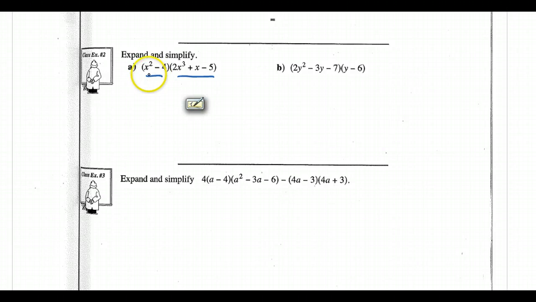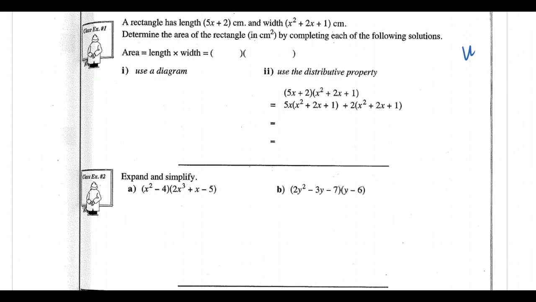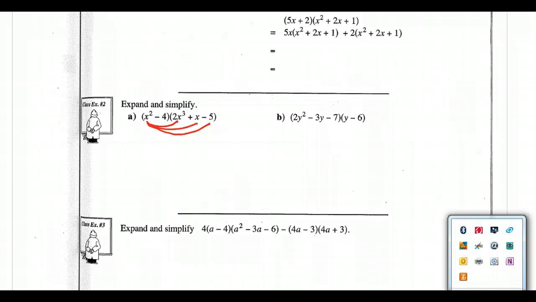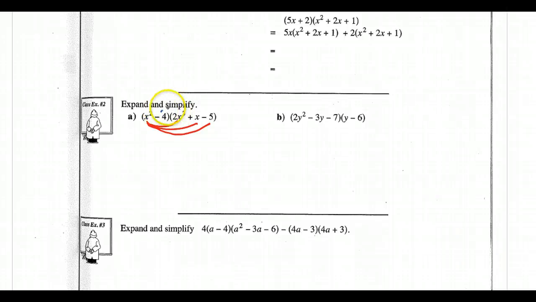So this x squared has to multiply with every term in the second polynomial, and same thing with the -4, it has to multiply with all the terms. So if you draw your arrows when you're first doing this, you're not going to miss anything. Okay, so let's do it.